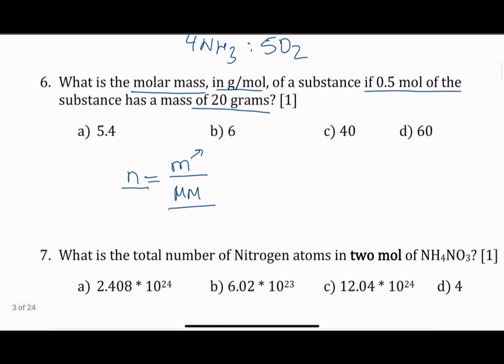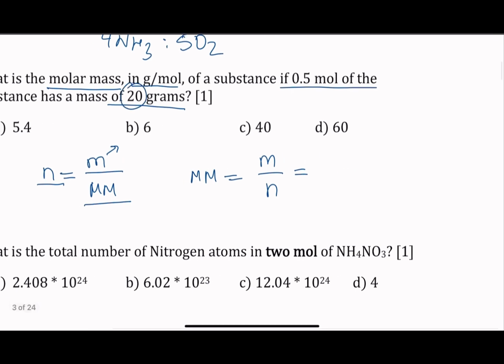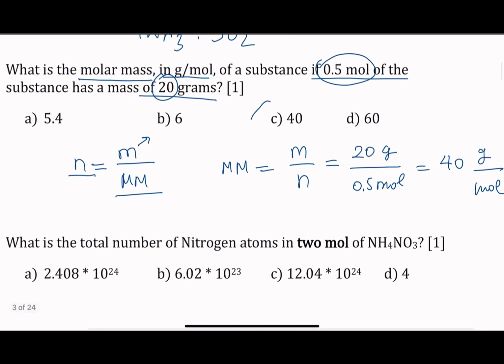Now it's asking us the molar mass, so this would be Mm equals m over n, and you're given that the mass is 20 grams, so you write here 20 gram divided by 0.5 mole, and this is gonna be 40 gram per mole. This is your answer, and that's why it is C.